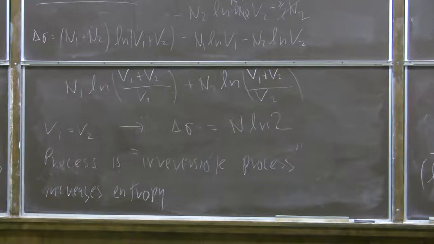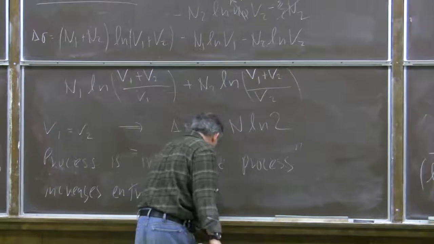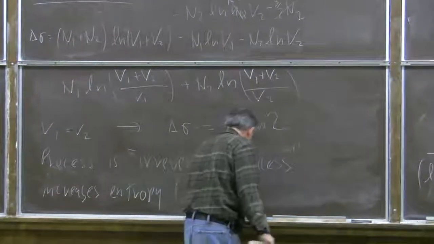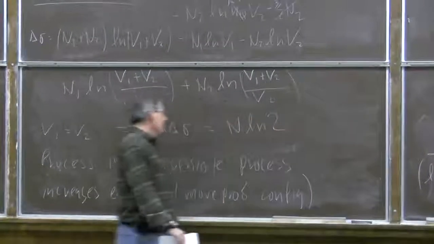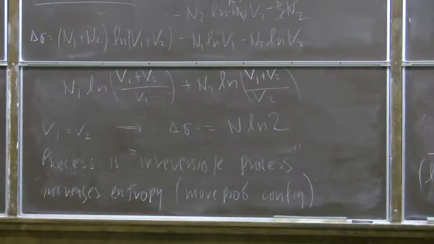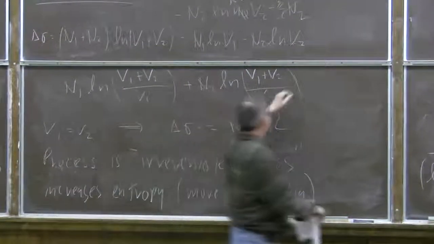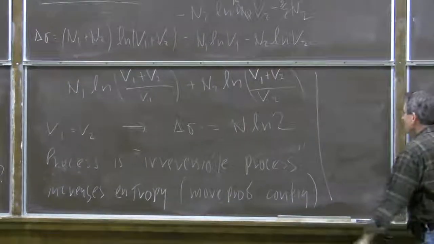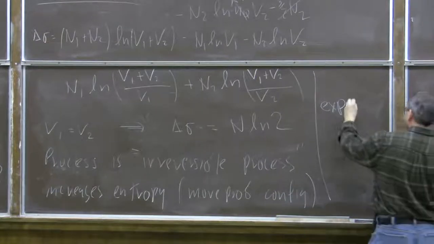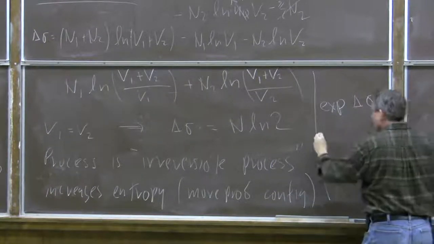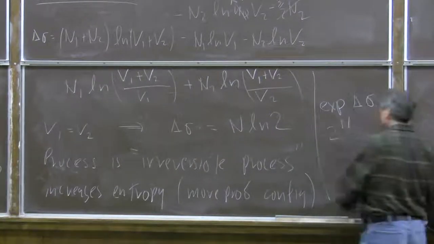We're in a more probable configuration than where we started. Well, actually, if you think about it, it kind of makes sense, because if you take the exponential of the change in the entropy, you get 2 to the N.